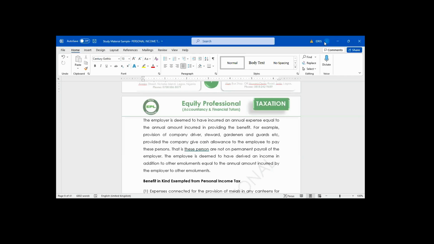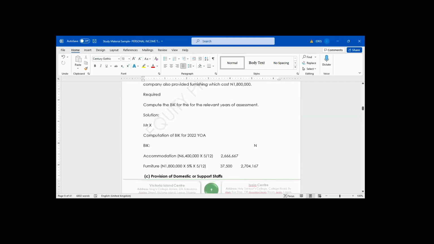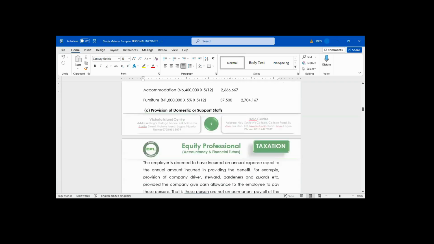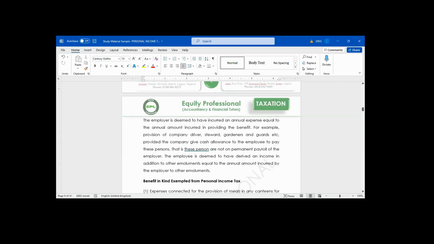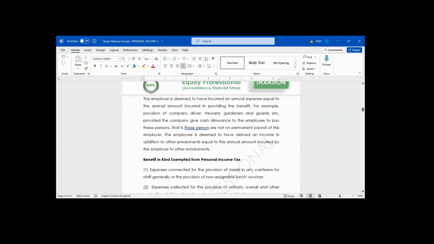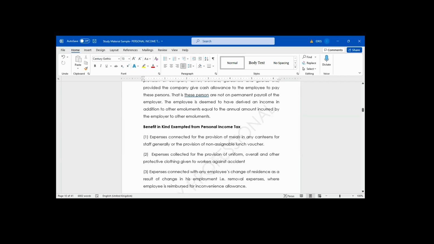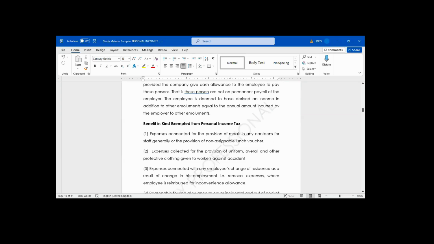However, there are some expenses incurred by the employer on behalf of the employee, but we cannot regard those expenses as benefit in kind. What are those expenses incurred by employer on behalf of employee or for employees that we can't regard as benefit in kind?